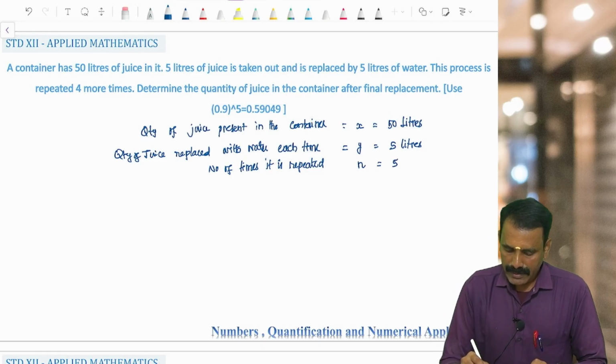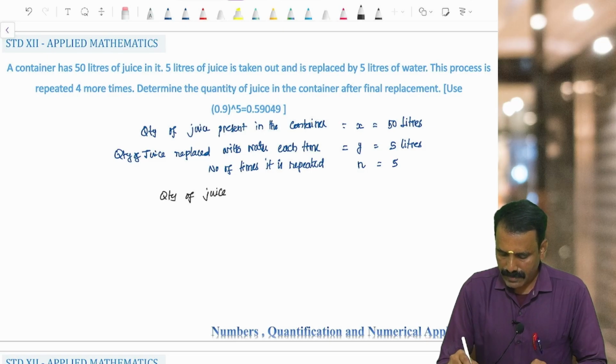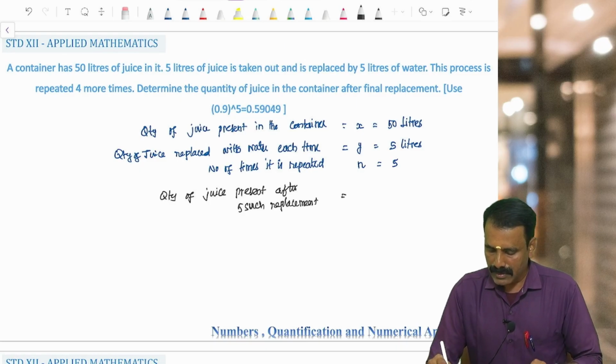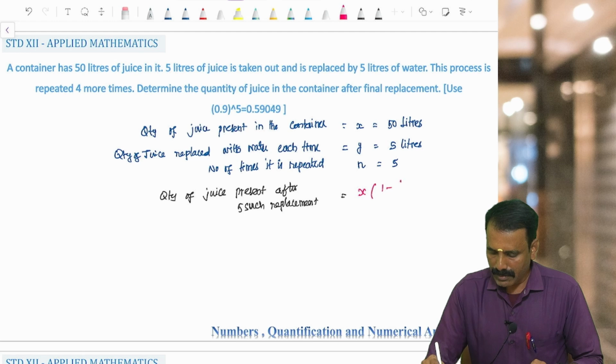So we are going to find the quantity of juice present after 5 such replacements is equal to, we are having the formula x into 1 minus y by x whole power n.